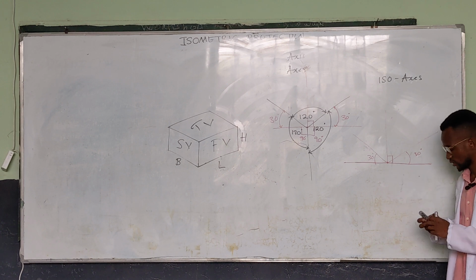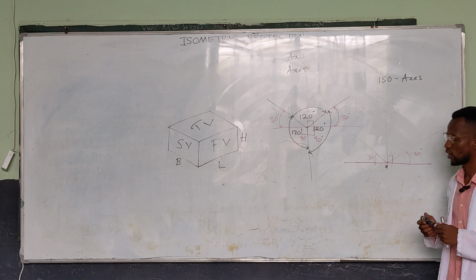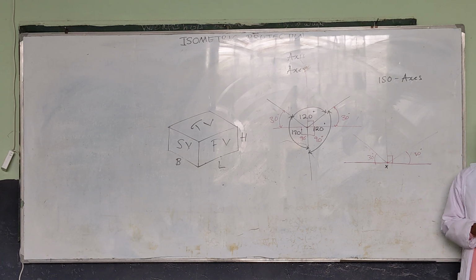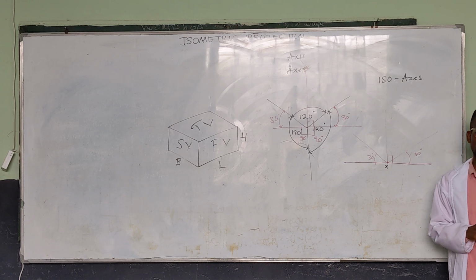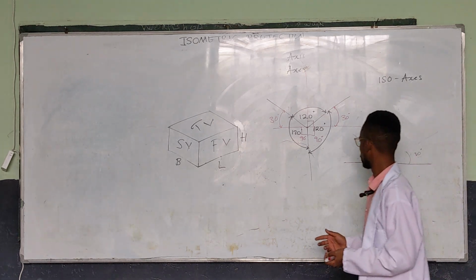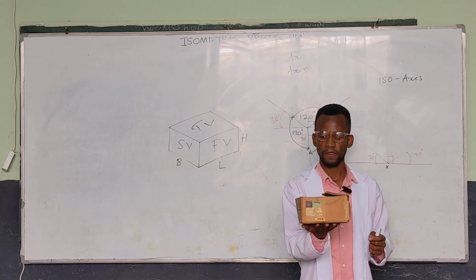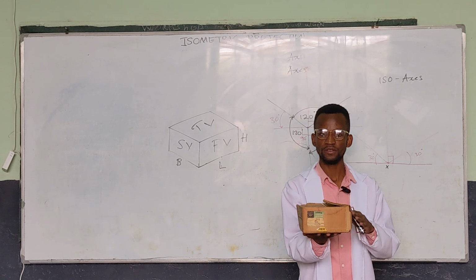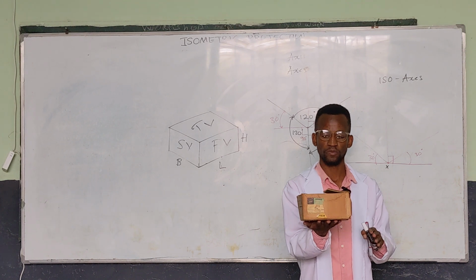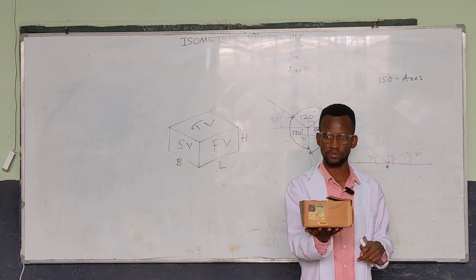This point here, maybe we can call it point X. The point where the axes are meeting is called the lowest point. It's called the lowest point because when you look at a 3D object, it will be sitting flat on the surface where it has been placed.